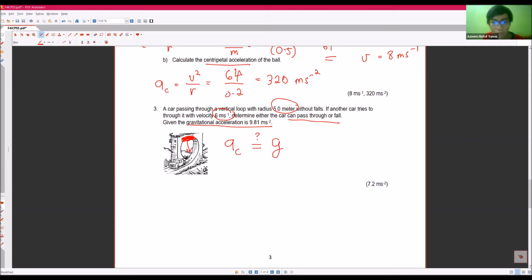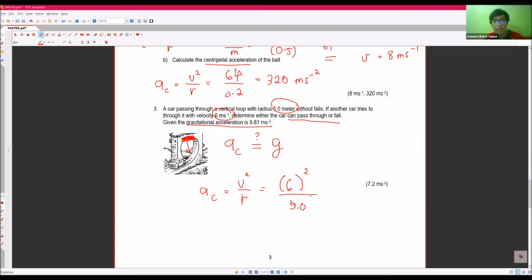So what we need to do to avoid that kind of situation is make the centripetal acceleration higher compared to the gravitational acceleration. So basically, we just need to calculate the centripetal acceleration. The velocity is 6 squared, the radius is 5.0.